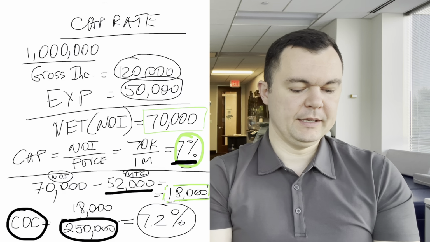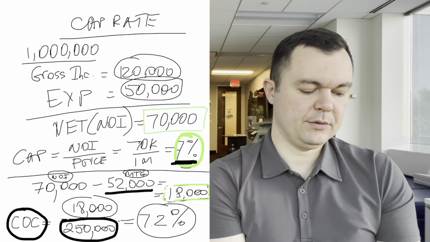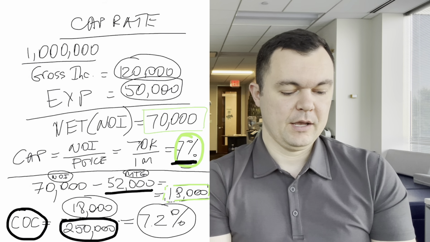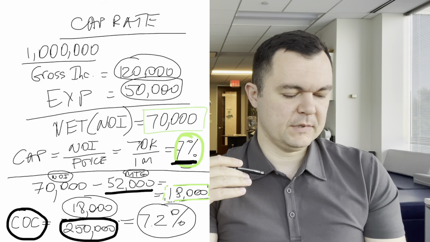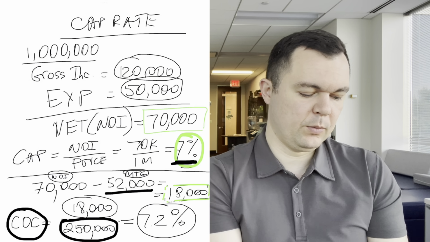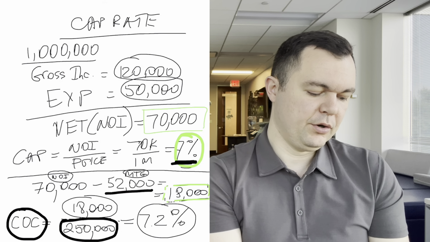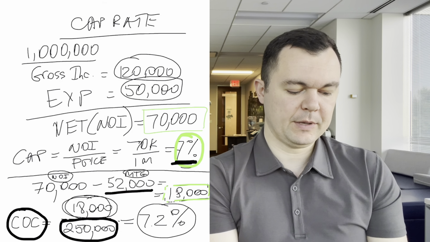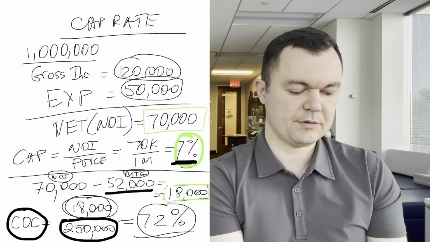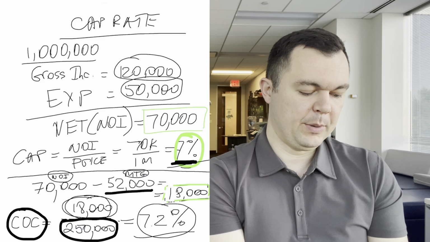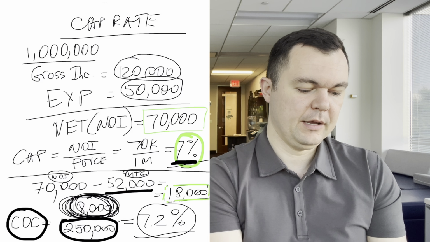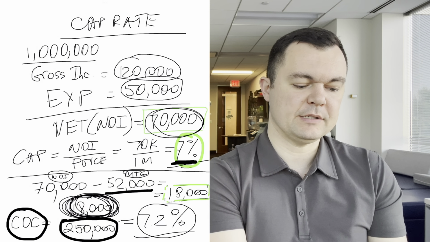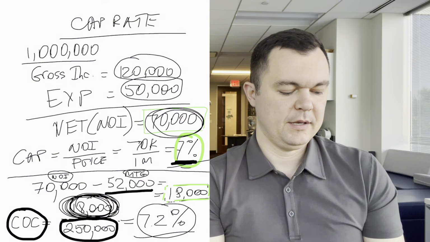But now your income is going to be only 18,000. You could argue that you're making less money, even though the cash on cash return and cap rate are the same, because you're only making 18,000 if you borrow the money, and you're making 70,000 if you buy cash.